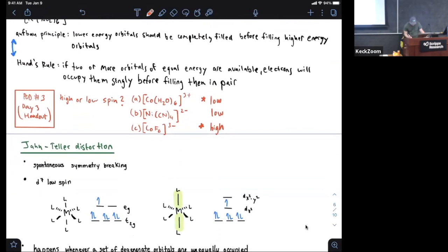First, I guess I should have done this first, but what is the d electron count here? For the top case, cobalt 3+ should be what? 6. And then the iron +2 oxidation state is 6 as well.